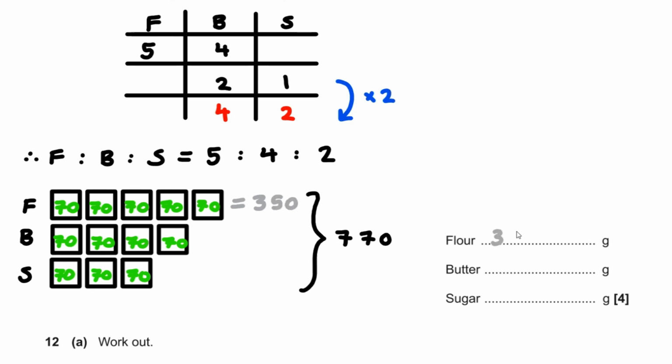So flour is 350. For butter, we've got 4 times 70, which is 280. So butter is 280, and sugar is 2 times 70, which is 140.